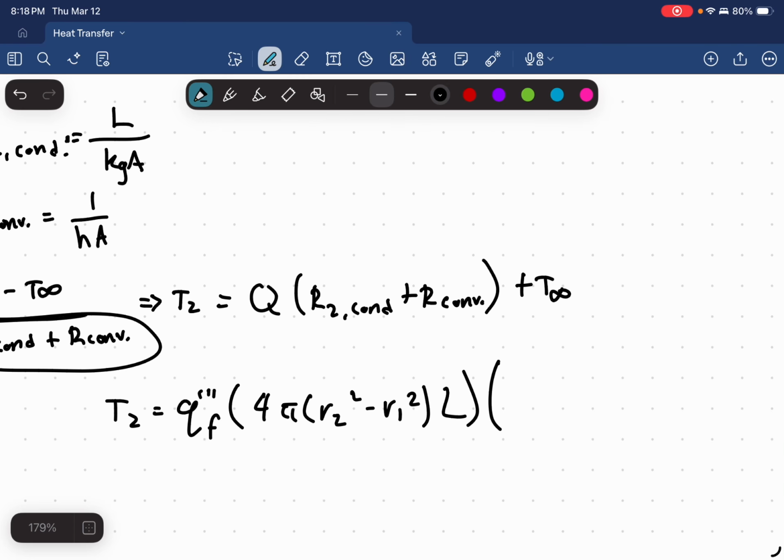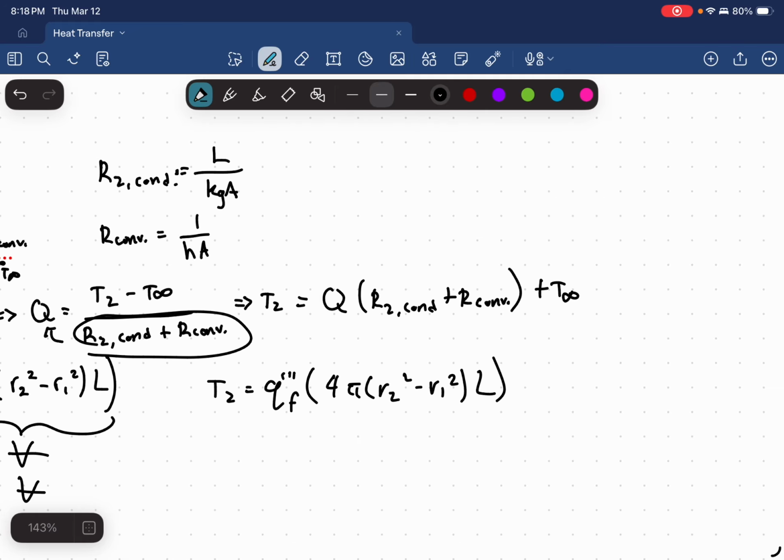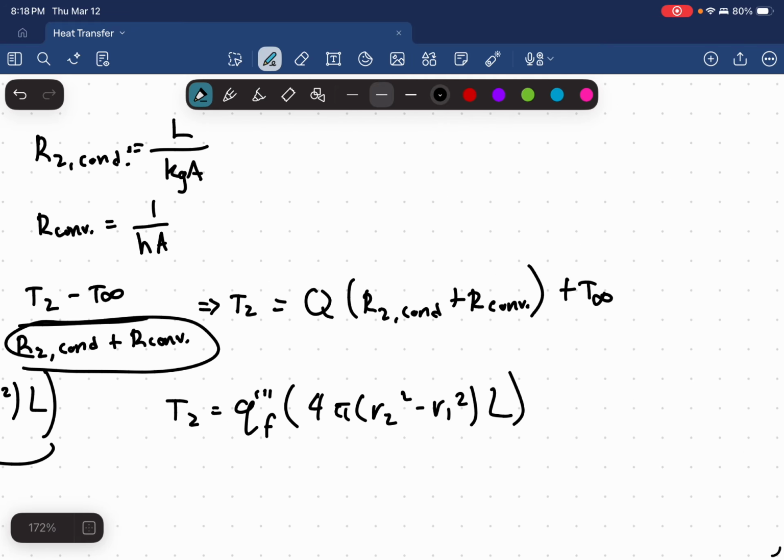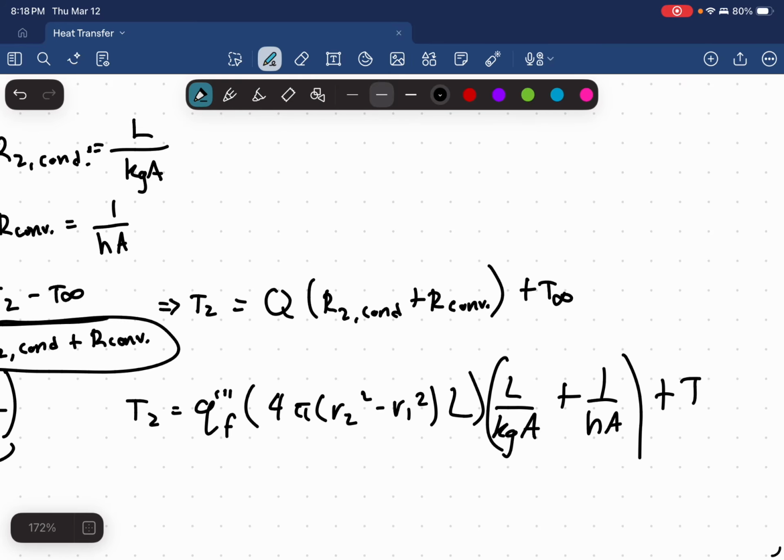So multiplying L over kGA plus 1 over HA, and then plus T infinity.